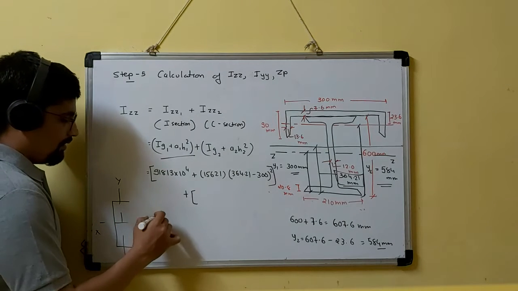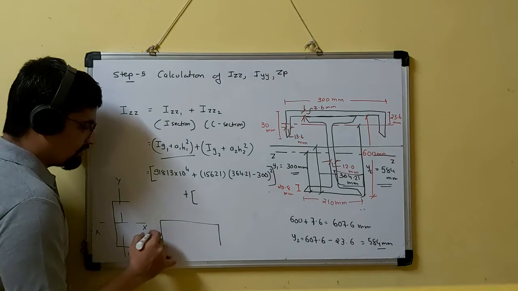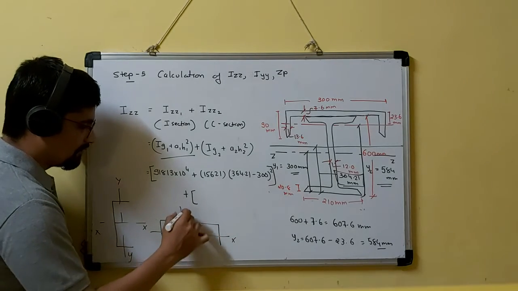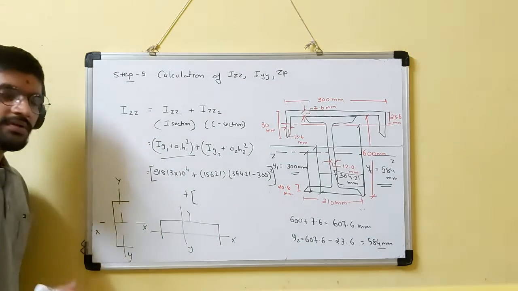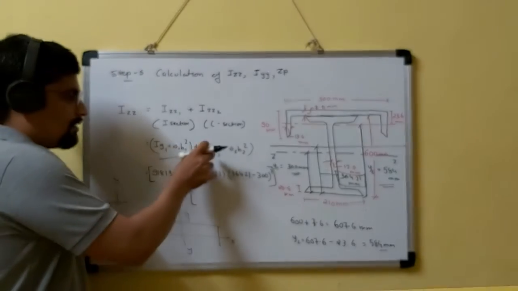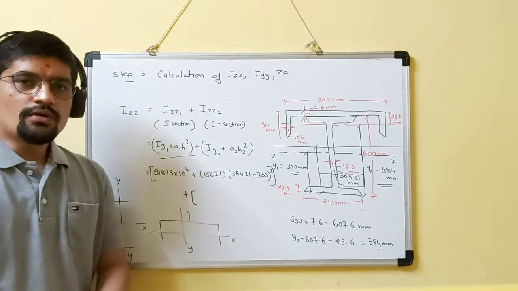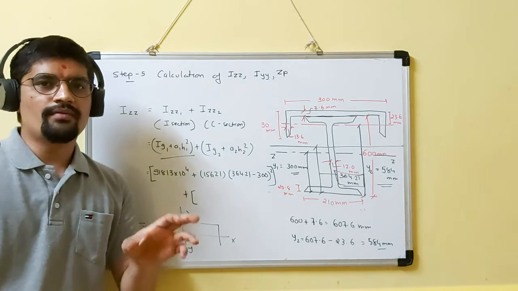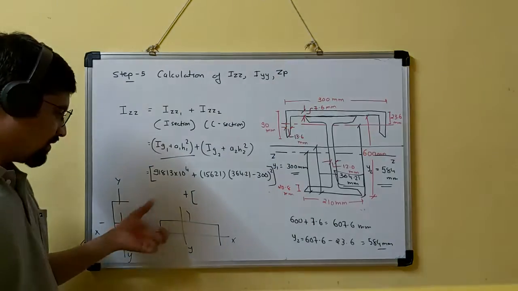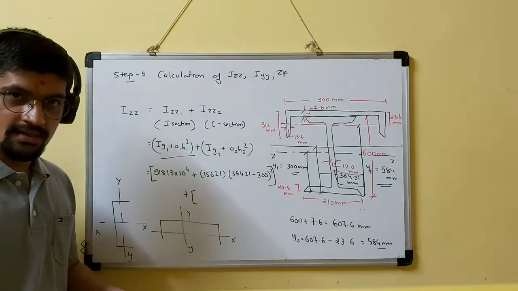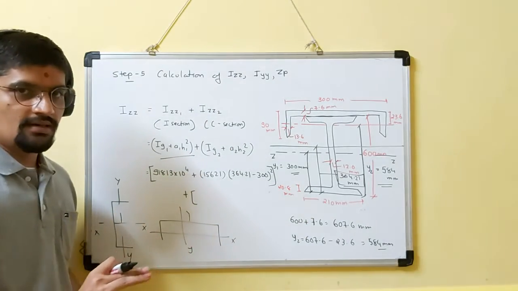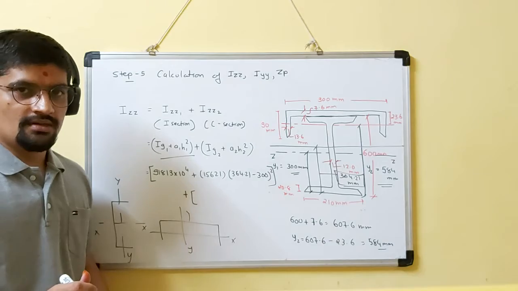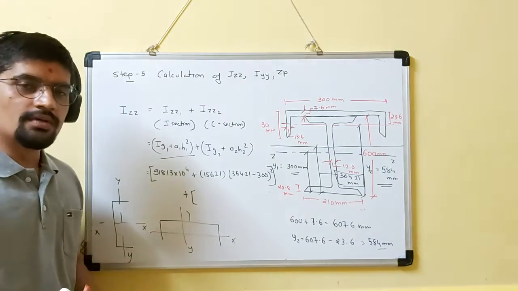We are placing our C section like this, so it will become X and it will become Y. So the opposite value will be taken. For the C section, both will be changed. For ZZ, we will take YY, and for YY, we will take ZZ, because we are flipping our C section like this and putting it over the I section. That's why the axis will be changed, so the value also will be changed.